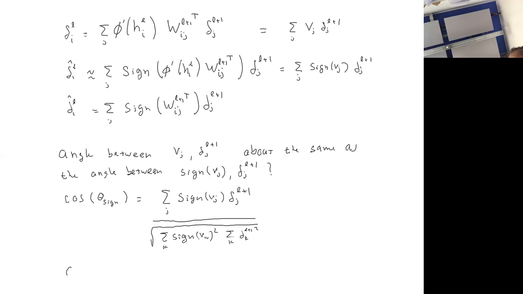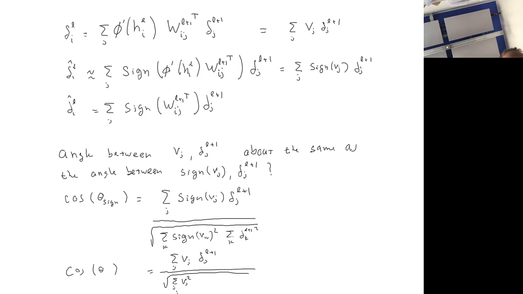And the cosine of just the angle without the sign is the sum on J of Vj delta J L plus 1 over the square root of the sum on J of Vj squared.